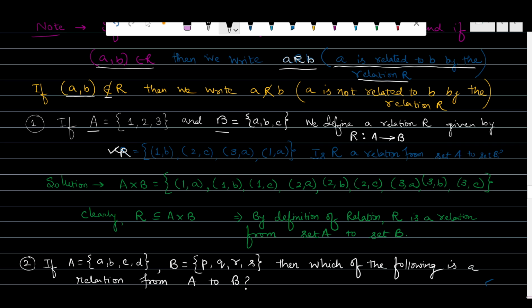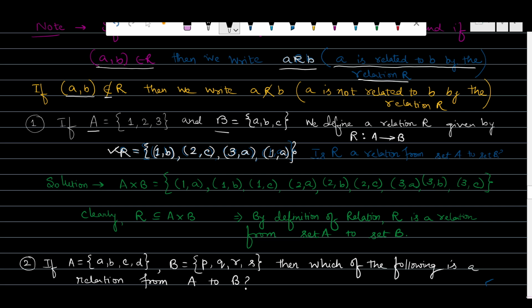Here R is the set of all ordered pairs of the form (1, b), (2, c), (3, a) and (1, a). Now how to check whether this R is a relation from A to B?